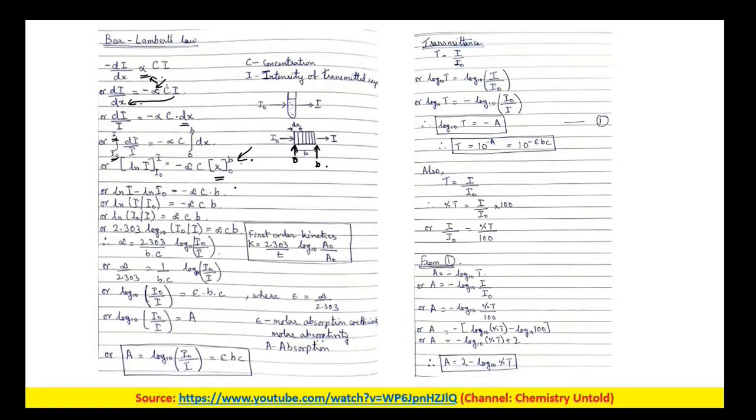After solving this, we come to the equation natural log of I0 by I equals alpha Cb. Now converting this natural log to log base 10, we get 2.303 log10 I0 by I, which is equal to alpha Cb.